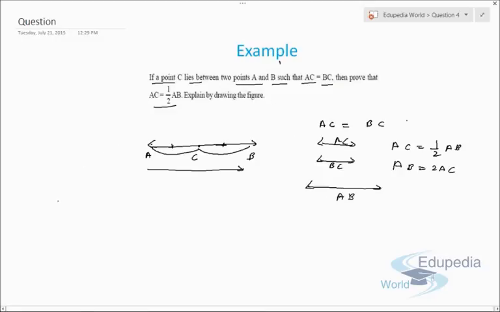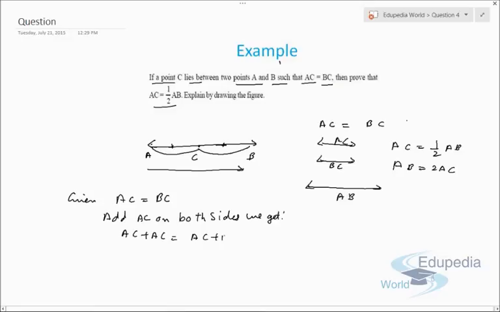But let's see how we can prove it mathematically. Now we are given AC equals BC. Now if we add AC on both sides, we get AC plus AC equals AC plus BC.